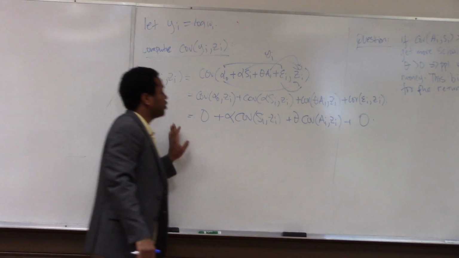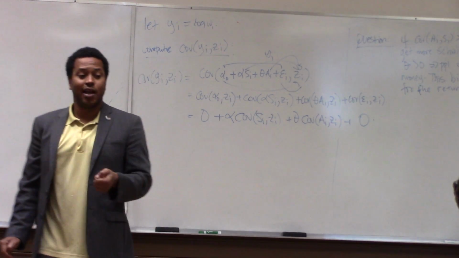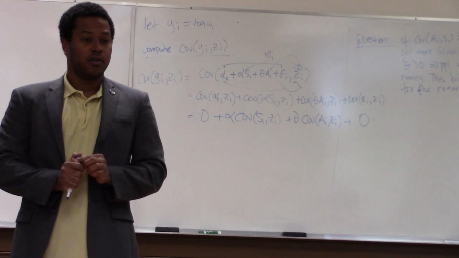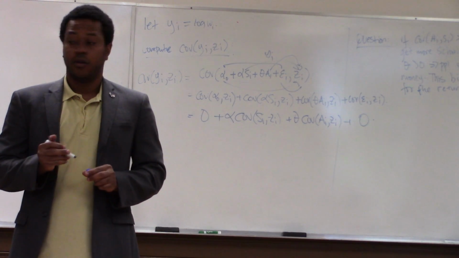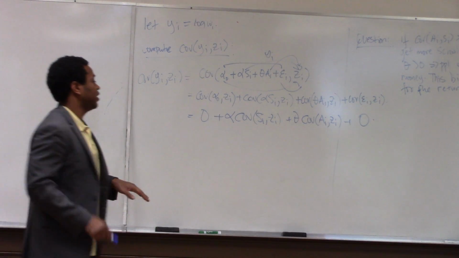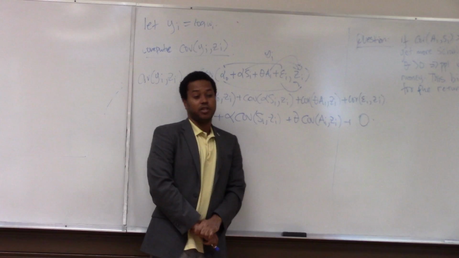Now, what's the assumption that we made about the relationship between the instrument zi and ability? That they're uncorrelated. So if they're uncorrelated, what does that mean about this covariance of ai and zi? It's going to be zero.